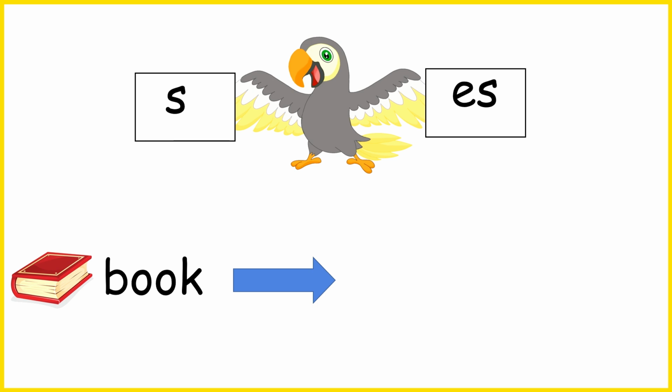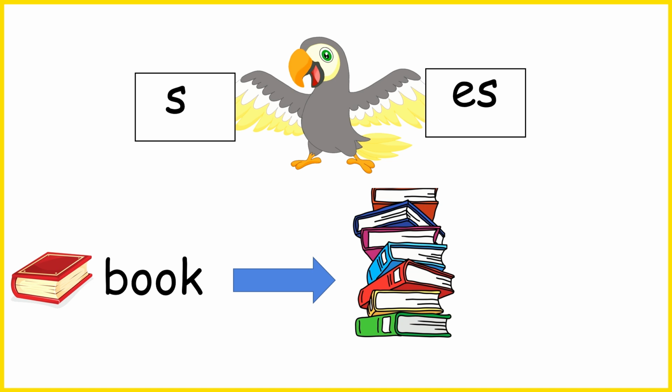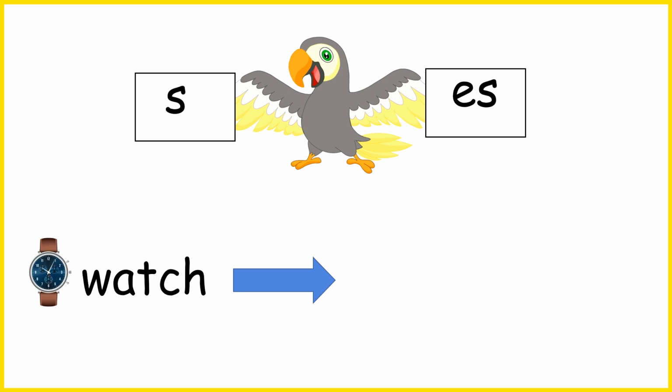I have a book. If I want to turn it into the plural and turn it into books, should I add an S or an ES? I have a watch.